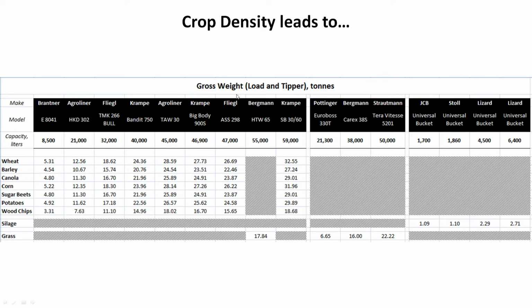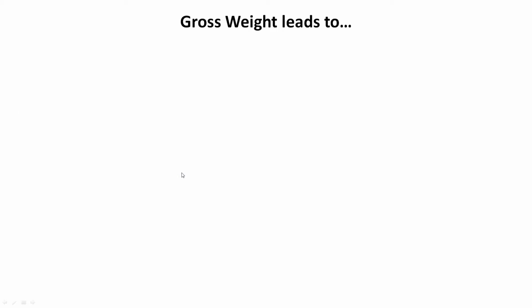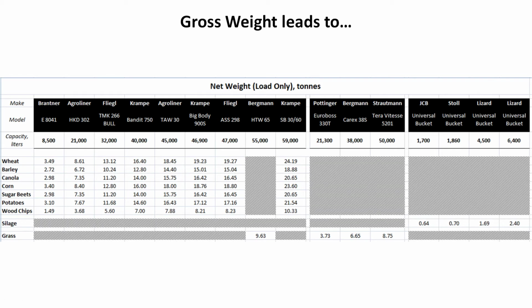So this is the gross weight, the weight of the load and the tipper, or the harvester. Not the harvester, the foraging wagon, or the buckets. So this is the weight of the load and the tipper piece of equipment. And if we know this, gross weight leads to net weight. Hey, look at this.